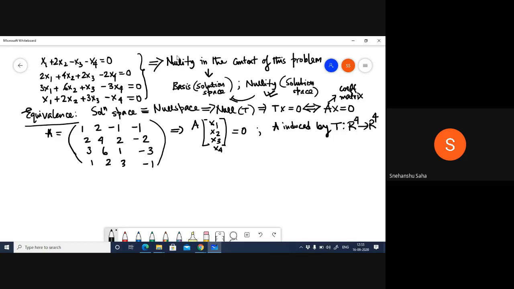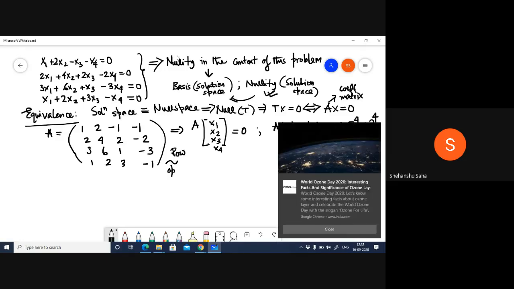Okay, all right. Now, what we need to do is some row operations, to reduce the matrix to a lower rank form, which I'm going to skip. I'll just straight away write it.